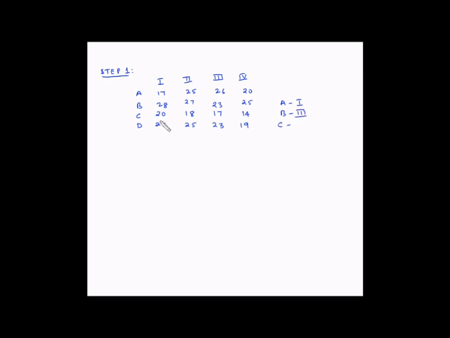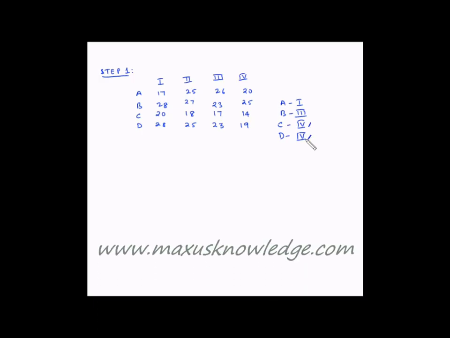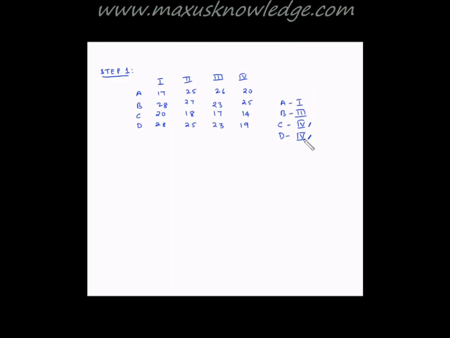C is assigned to 4 and D is also assigned to 4. So we have a conflict here. C and D both are being assigned to 4, and that is what we want to avoid, because the problem is that we have to assign one task to one subordinate.